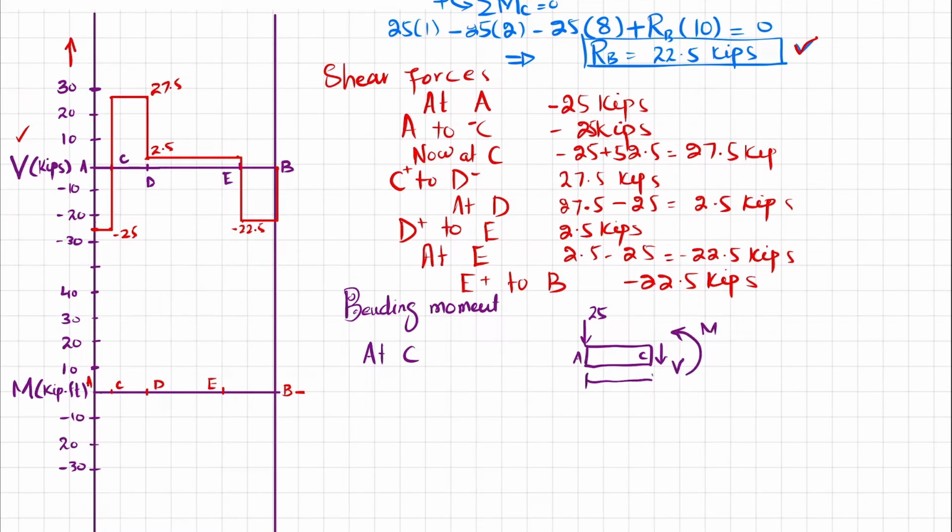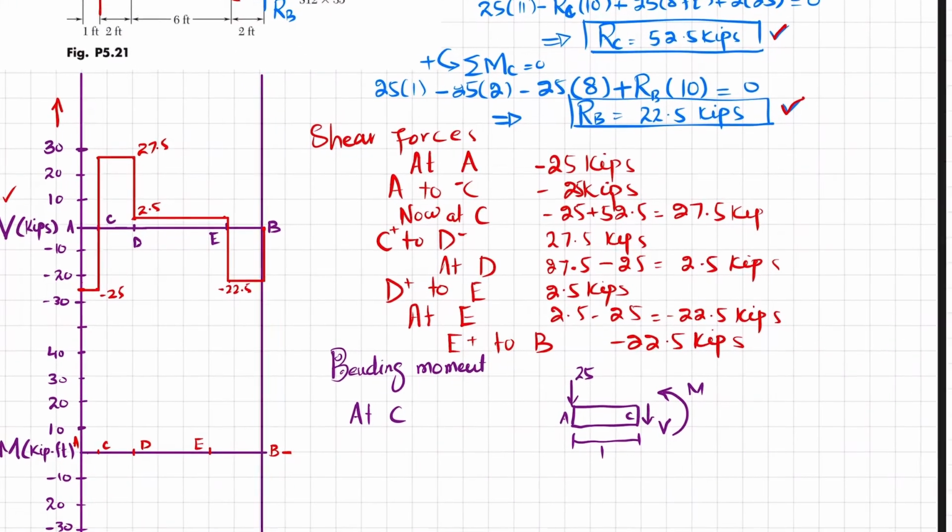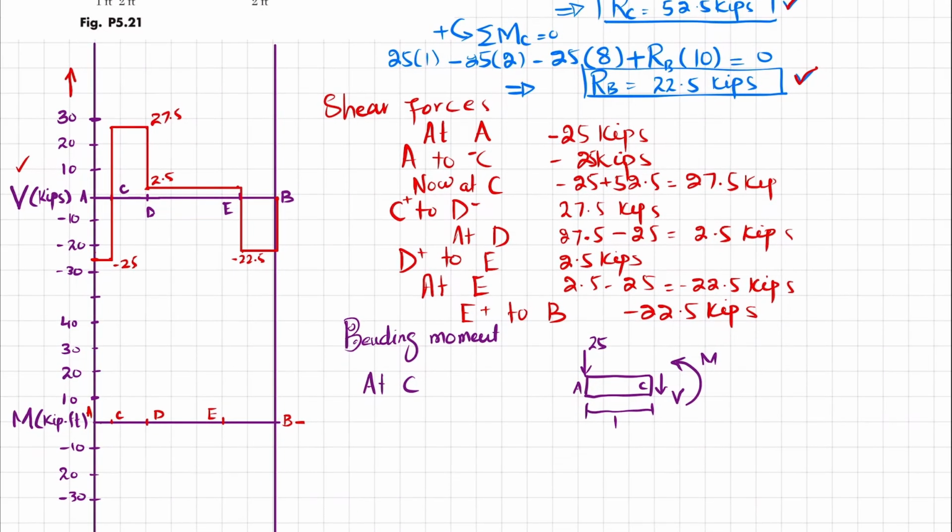From A to C the distance was 1 feet. So we'll apply the equilibrium condition that the sum of all moments about point C is equal to 0, taking the counterclockwise moment as positive. The only producing moment is 25 into perpendicular distance, which is 1, and it is producing a counterclockwise moment, so it will be positive.